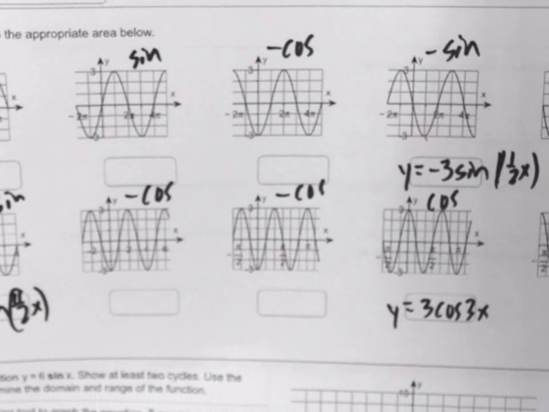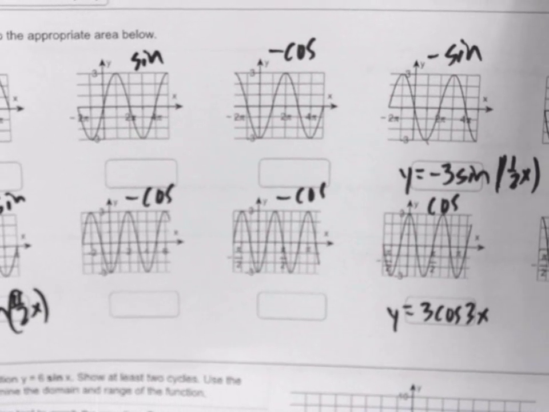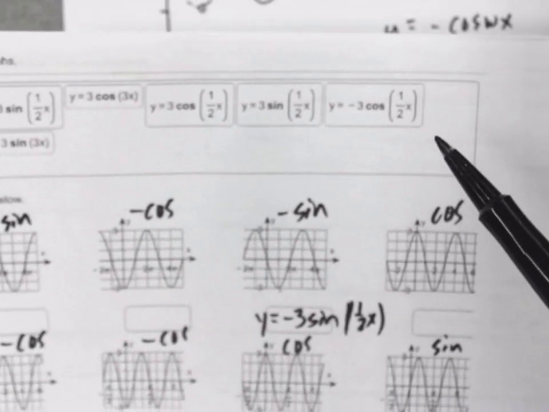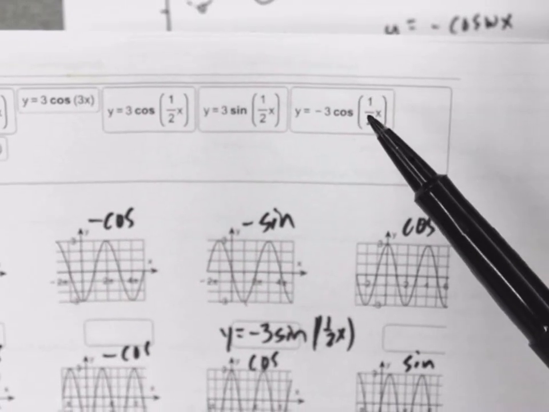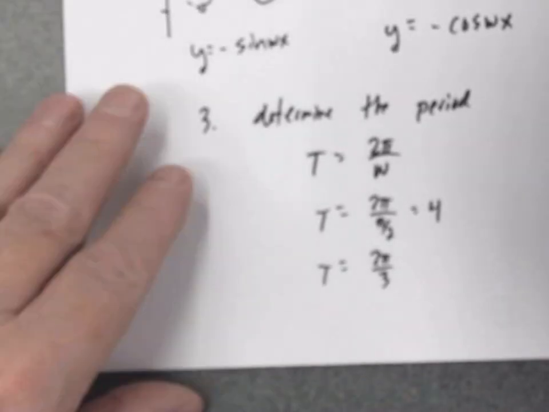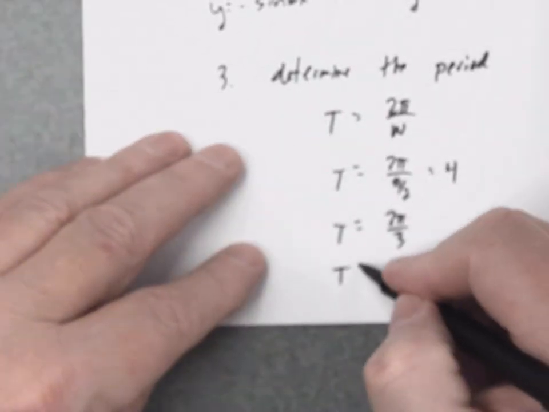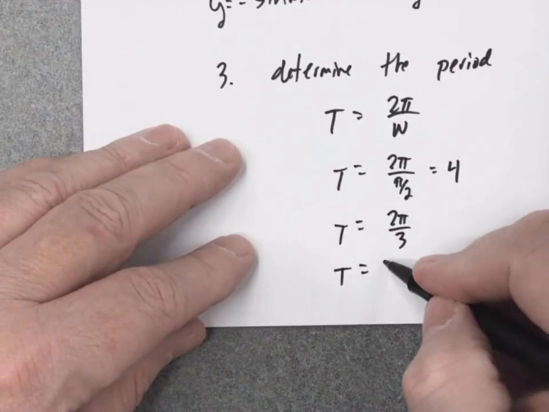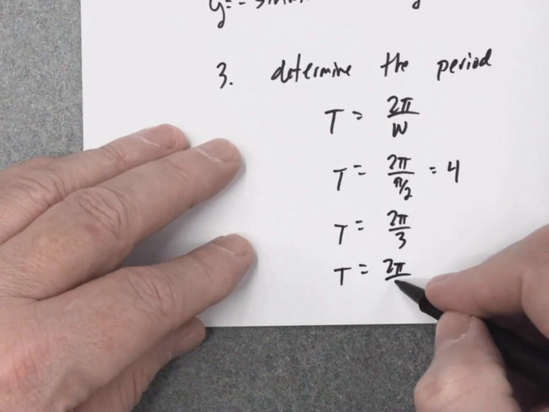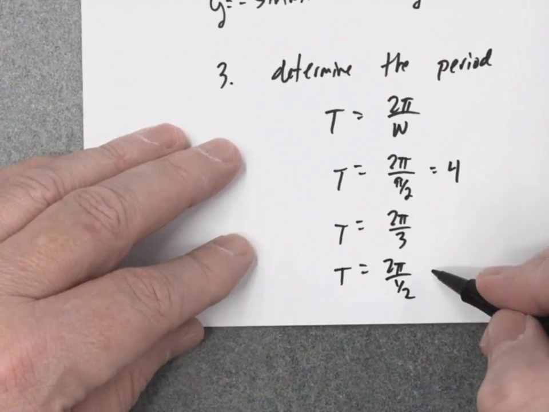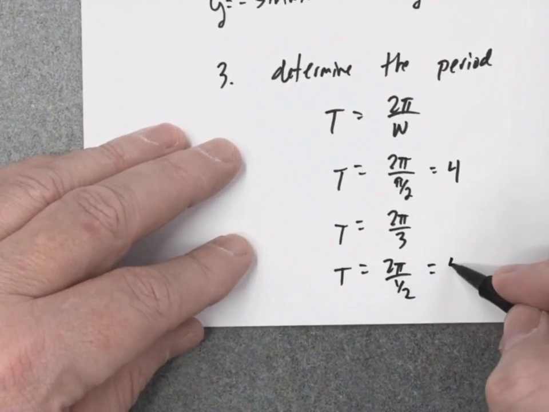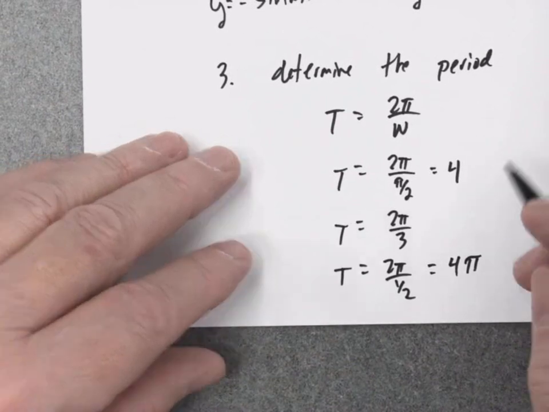We have to look at the period. So the omega is 1/2. So if I calculate my period by plugging in 1/2, this 2 comes up and ends up being 4 pi.